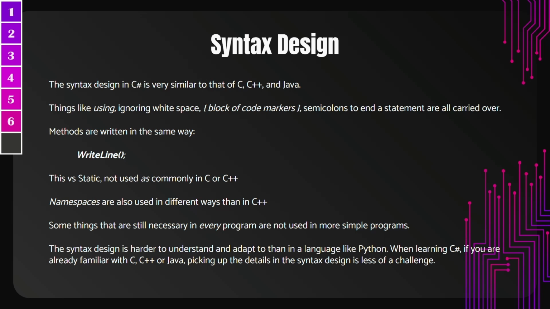Namespaces are also used in different ways than in C++. Some things that are still necessary in every program: you're required to use namespaces, which is a little bit infuriating at times. The syntax design is harder to understand and adapt to than in languages like Python, but if you're already familiar with C++ or Java, picking up the details is not a hard thing to do.